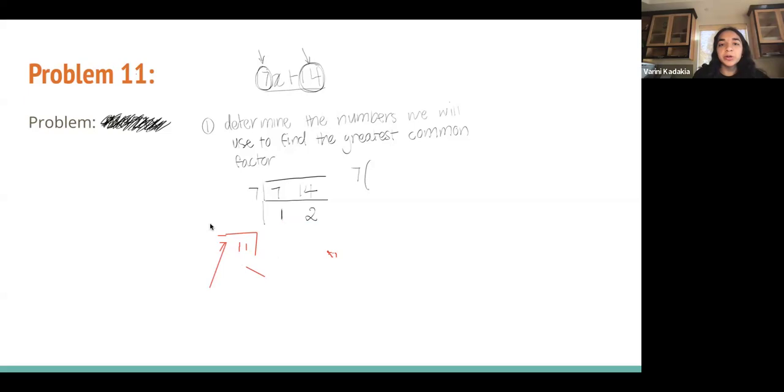The original number in front of the x was 7, so once we divide 7 by 7, whatever this number is should be paired with the x again. So we'd have 1 times x plus 2. So our answer would be 7 times x plus 2. Does that make sense to everyone?